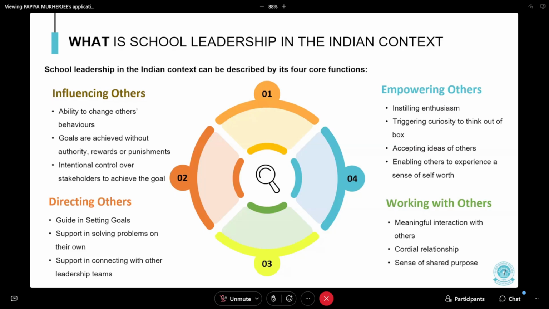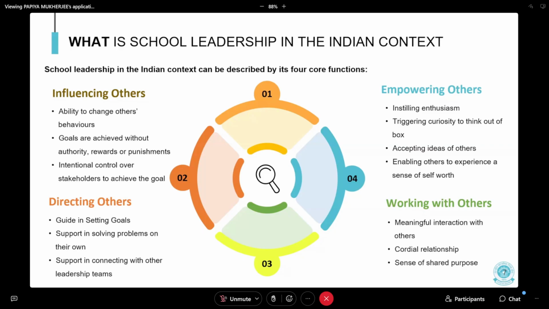You are in a position to empower others. When you are empowering others, you are instilling curiosity, allowing them to think out of the box, and accepting the ideas of others. You enable others to experience a greater sense of self-worth.